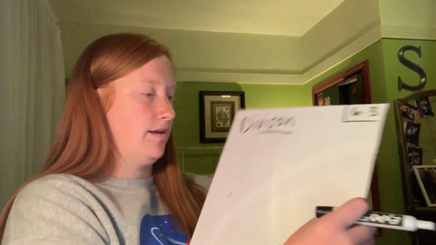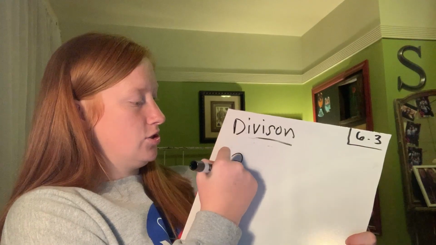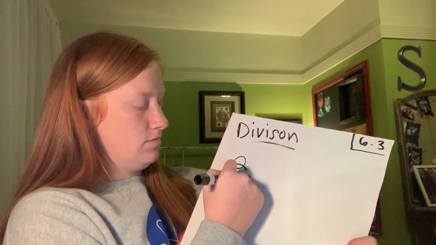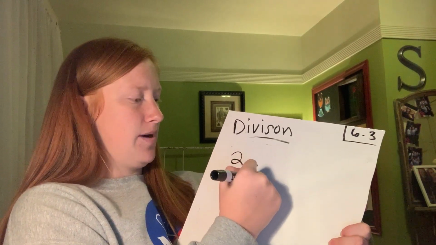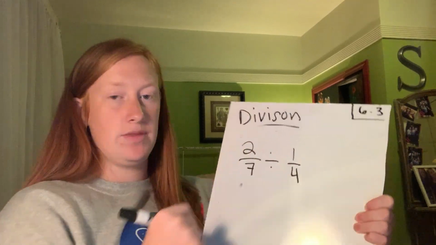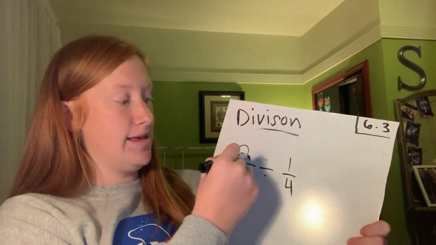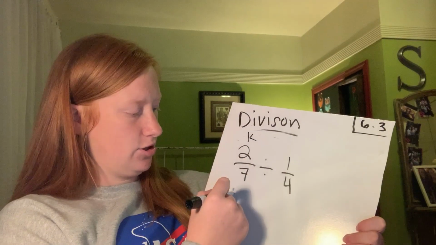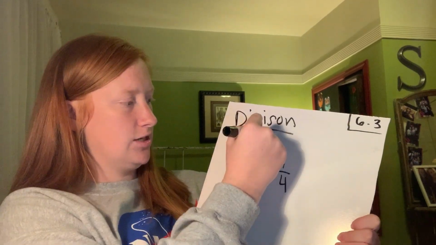So we can do an example of that real quick. Let me just make something up off the top of my head. 2 over 7 divided by 1/4. And in order to do that, you keep this. So you're going to keep 2 over 7.